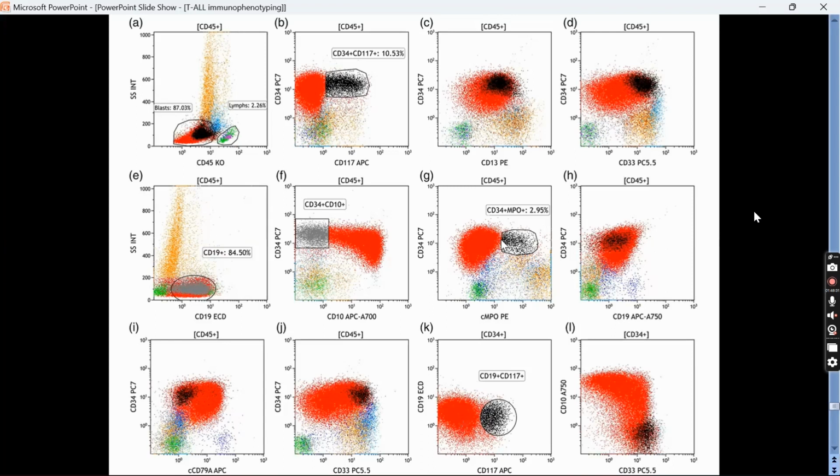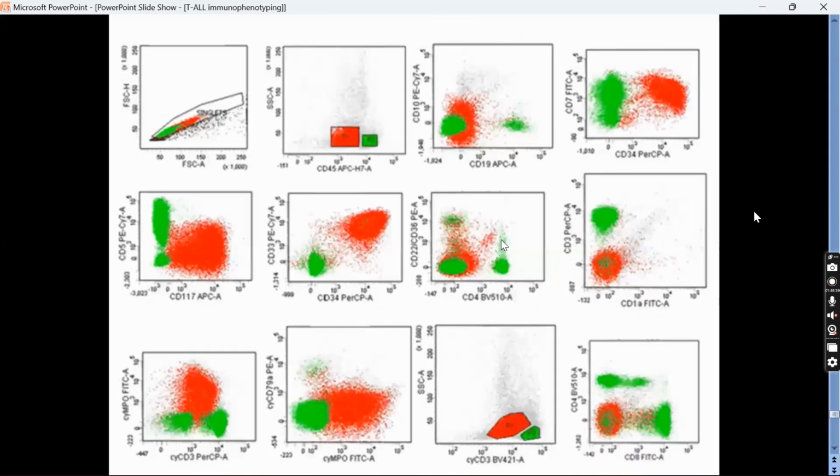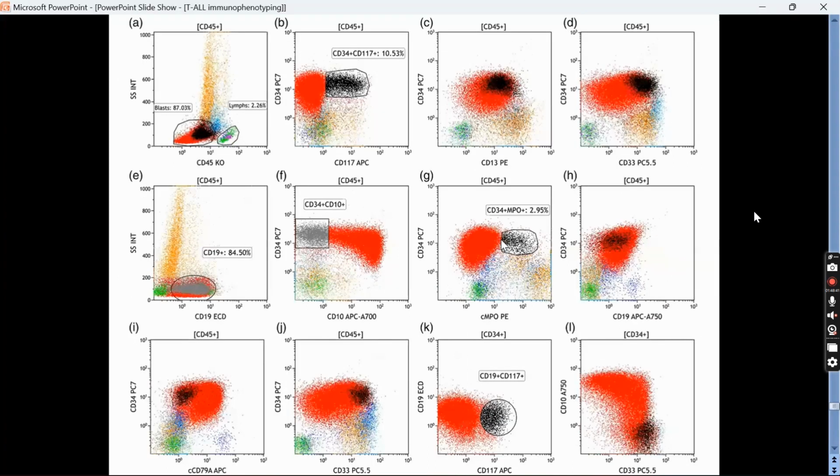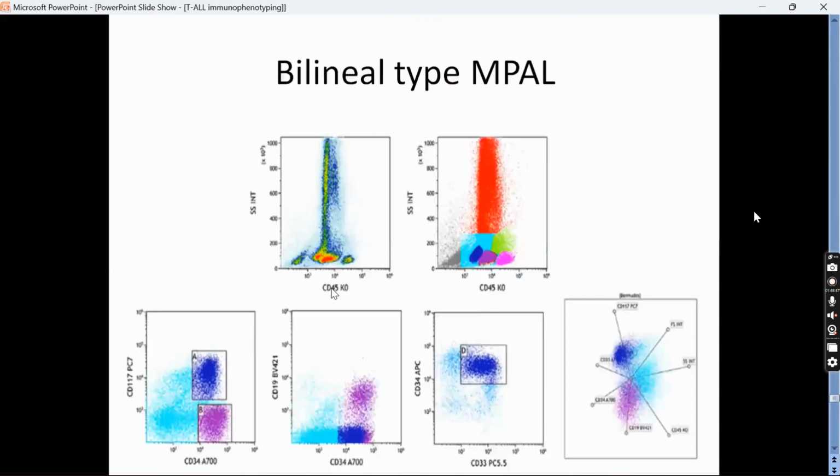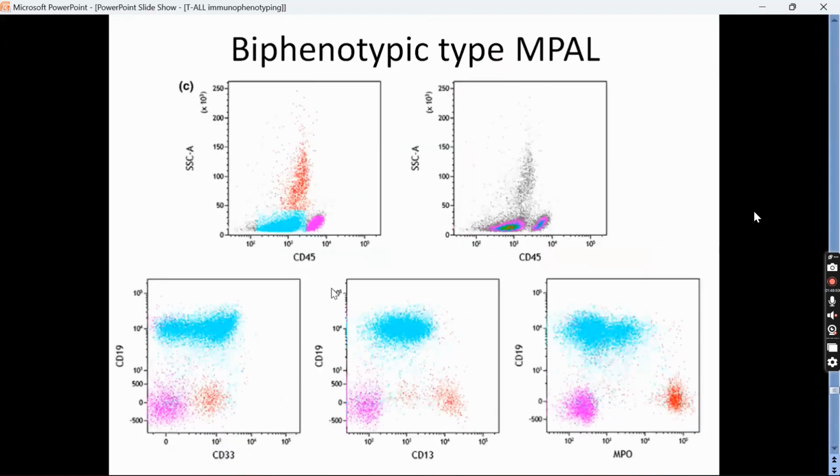Sir, when defining B lineage, in the previous plots we saw CD19 present. But as per WHO criteria, we need to have two markers, strong CD19. Correct. For which case, is this the same case you were discussing? The previous one, sir. This one? Yes, sir. Perfect. Yeah, you are right.